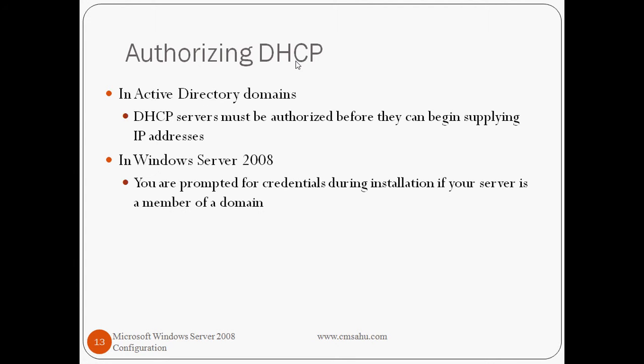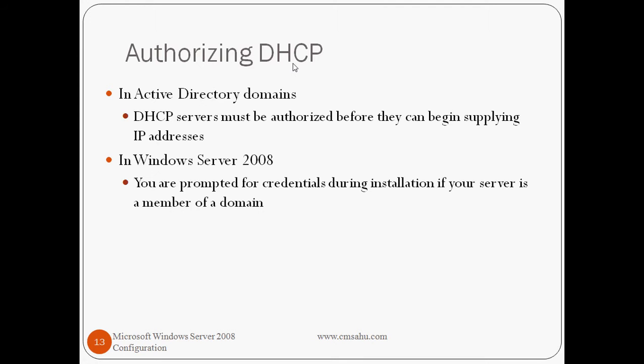In Windows Server 2008, you are prompted for credentials during the installation if your server is a member of a domain. So at the time of installing DHCP in Windows Server 2008, you can provide the credentials at the time of DHCP configuration, at the time of DHCP installation, right?